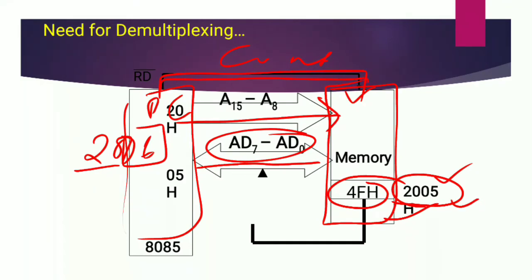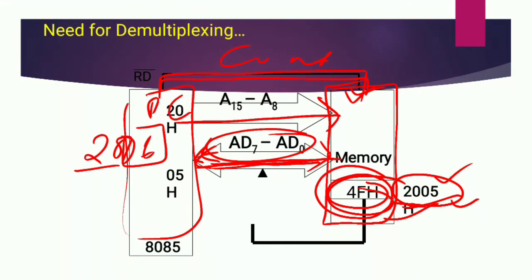After the read signal, memory understands that the microprocessor wants the data or instruction from location 2005. At that time, the data or instruction is carried through the multiplexed data lines, that is AD0 to AD7. So data lines are bidirectional.